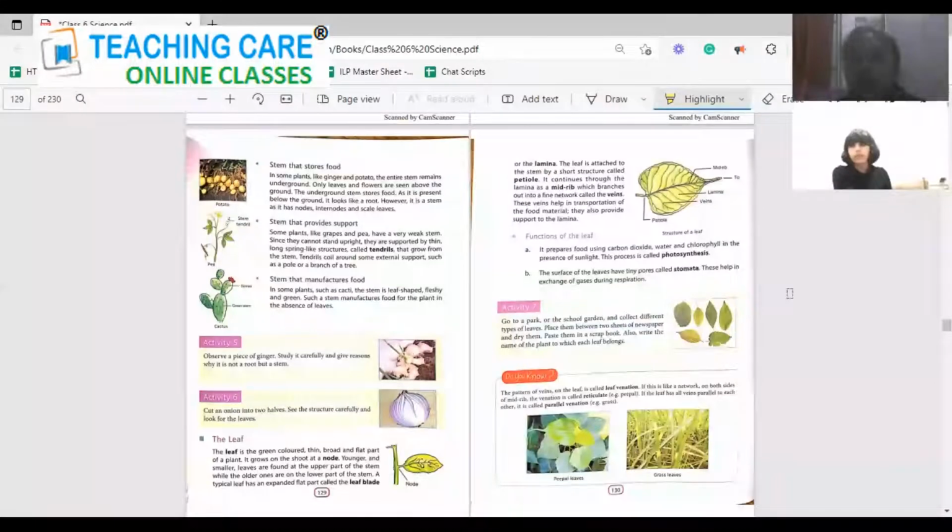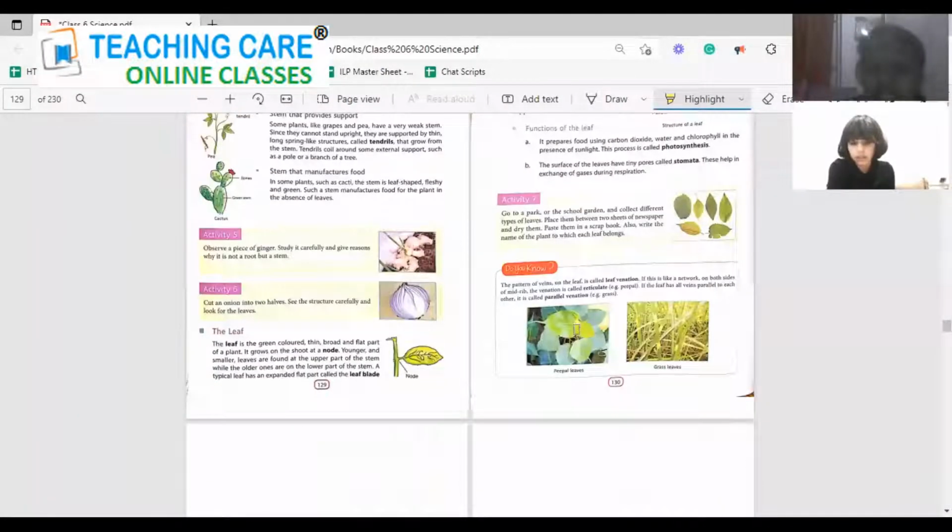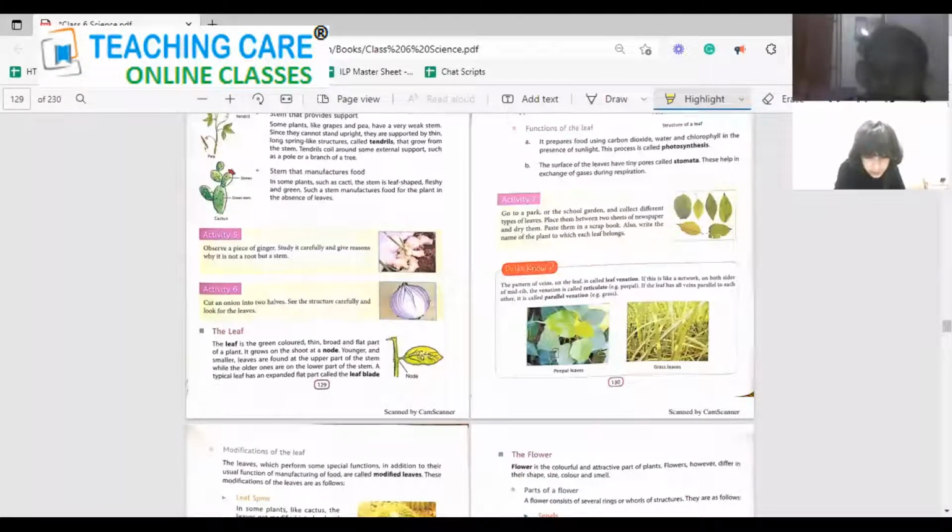Very good. Have you seen a peepal leaf as shown in the first picture here? If you can find this plant's leaf, soak it in water. This activity is not given in your book, but I'm telling you to observe the veins.